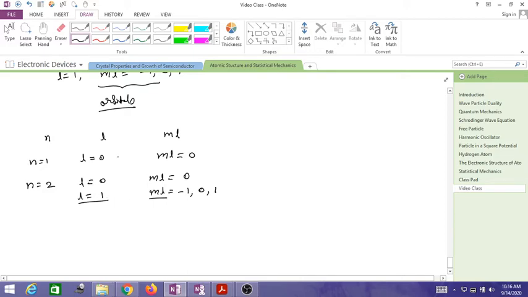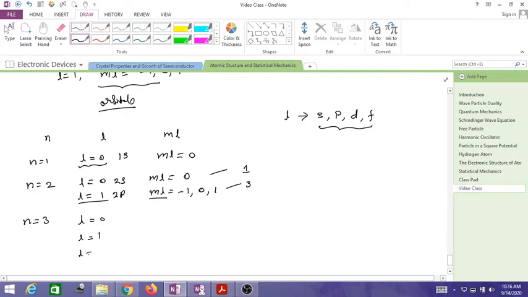So basically the L representation, that is subshells, can also be represented as S, P, D, F. These are the representation of the subshells. So if L is equal to 0, there is a 1s subshell, and here that is 2s and 2p subshells. Here we have 1 orbital, and here we have 3 orbitals. Similarly, if I take n is equal to 3, then L can take the value 0, 1, and 2.